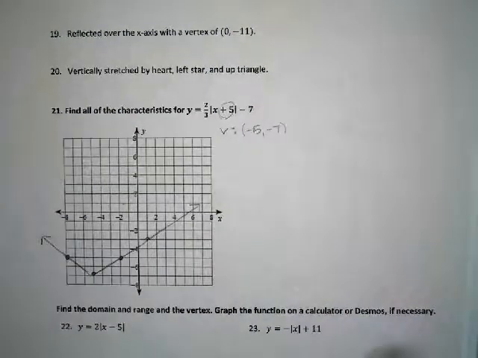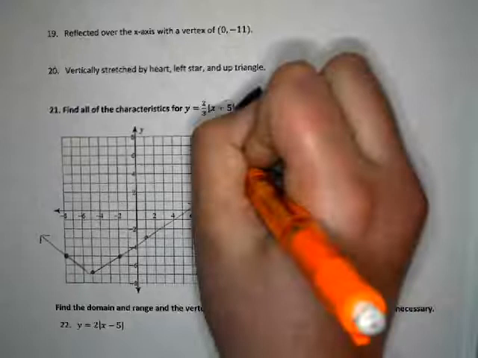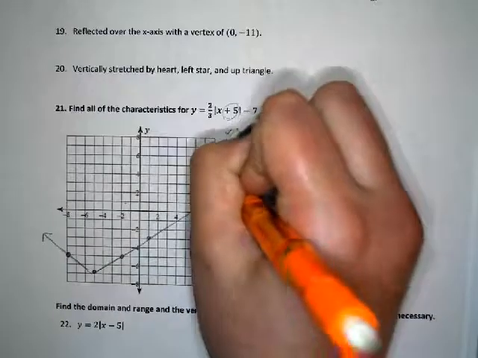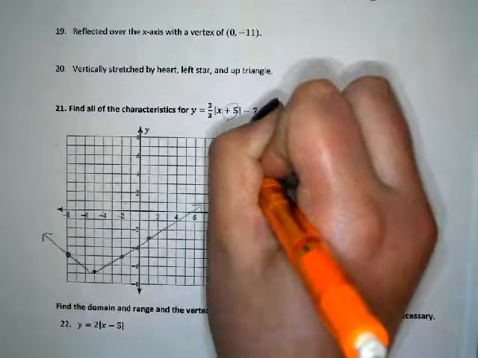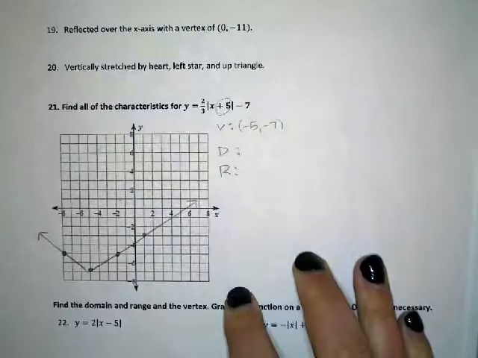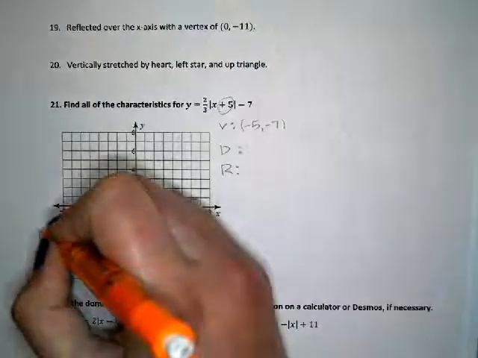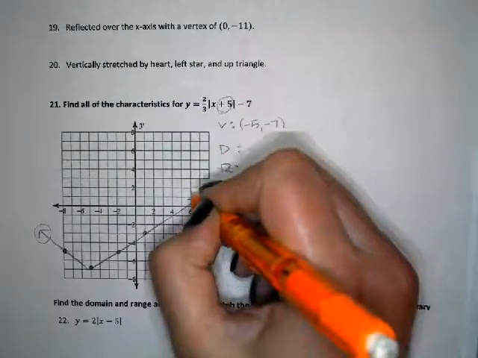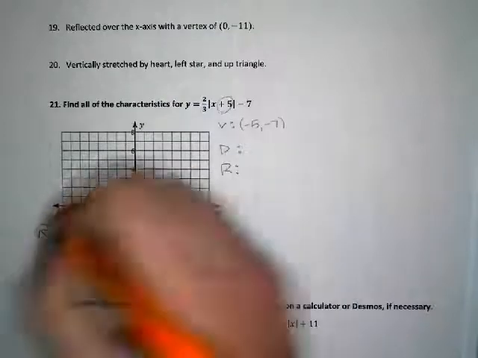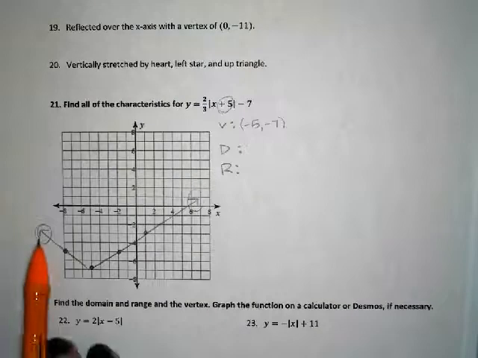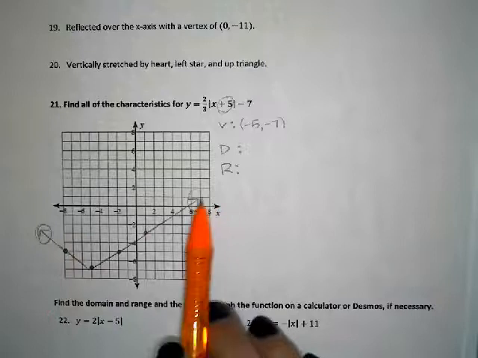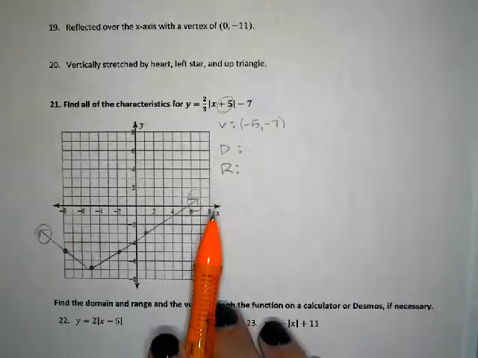It says to find all of the characteristics. It might be helpful to have your packet so you know what they all are. So, domain and range. We have to think about how far to the left the graph goes and how far to the right it goes. We have a left arrow and a right arrow.